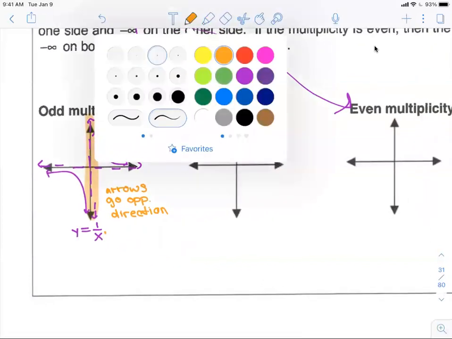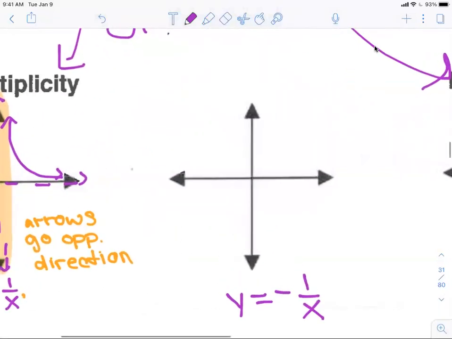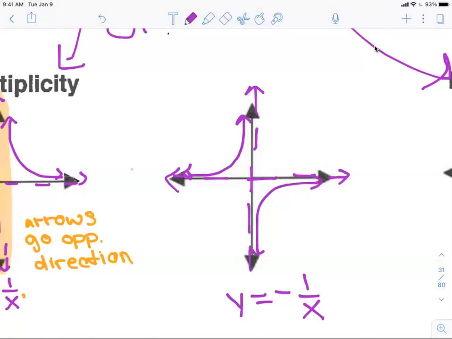Very similar when you see y equals negative 1 over x, except the leading coefficient is negative, so that means your graph would reflect. So now our graph just has to go ahead and reflect. So it would look like this. You still would have the same asymptotes, right?